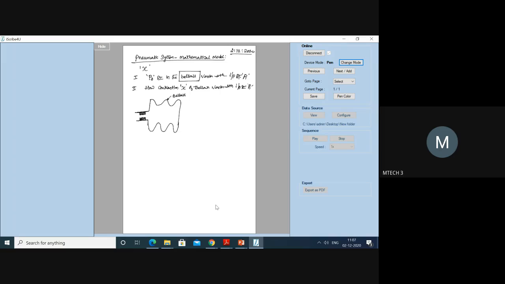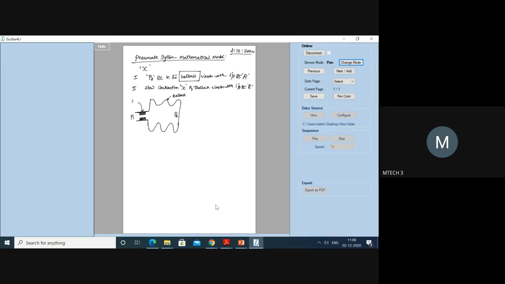Now this is the bellows. P1 is the inlet pressure. P2 is the pressure within the bellows. This is nothing but an orifice, what is called the constriction.